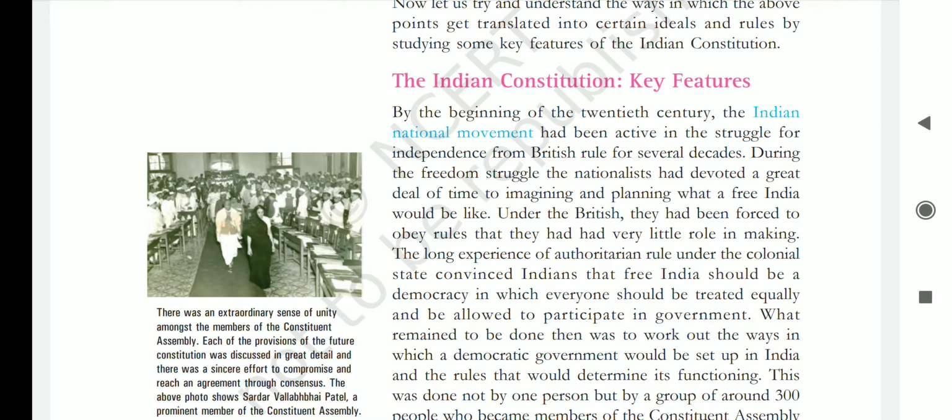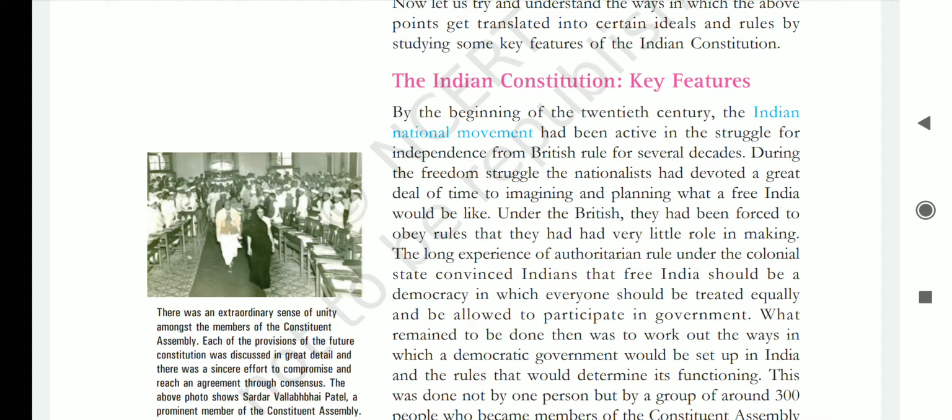Under the British they had been forced to obey rules that they had very little role in making. So under the British rule, they had been forced to obey rules.